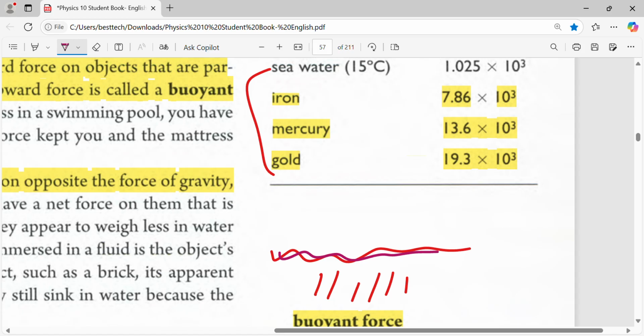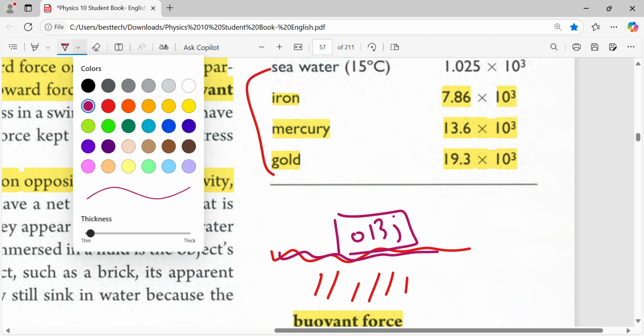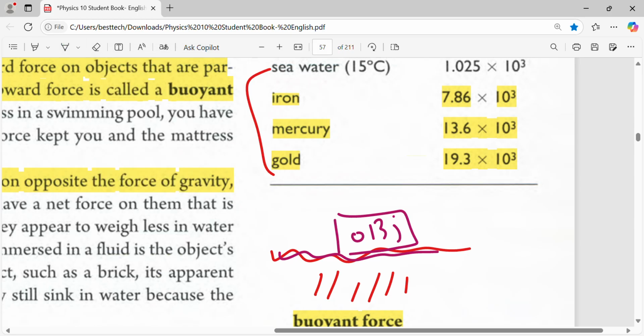On the surface of the water, we have an object, any object. Two forces can affect this object. The first force, always with the direction downward, is called Fg, the force of gravity. Fg is the force that affects the object in the downward direction.